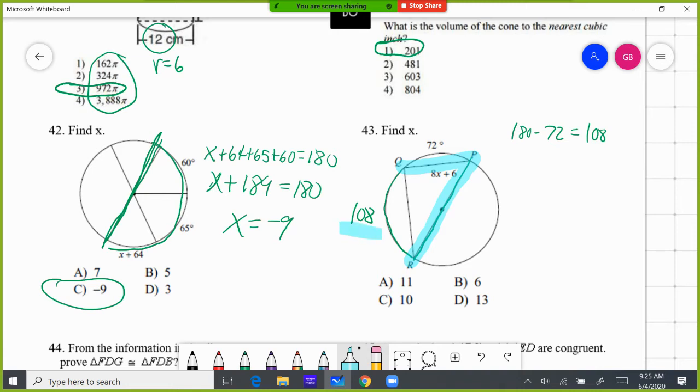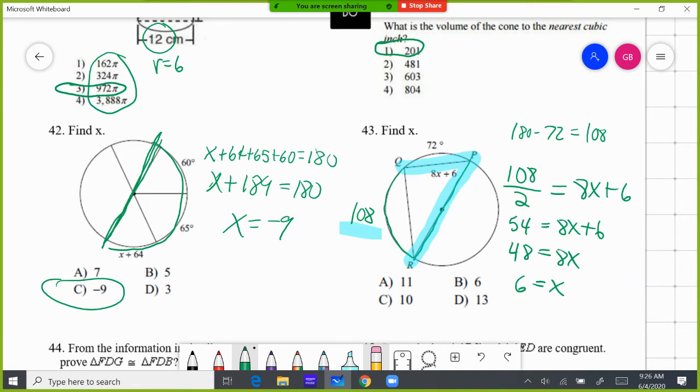An inscribed angle is half of the intercepting arc. So 108 divided by 2 is equal to the inscribed angle. So 54 is 8x plus 6. Subtract 6, so 48 is 8x. Therefore x is 6.